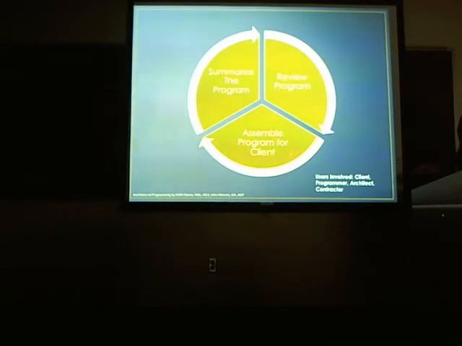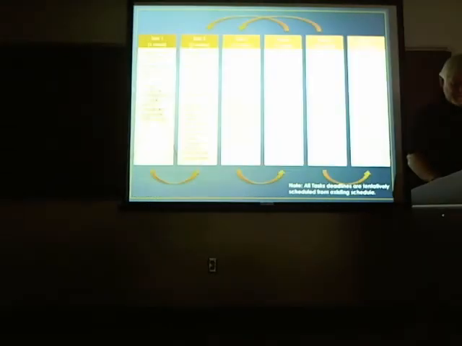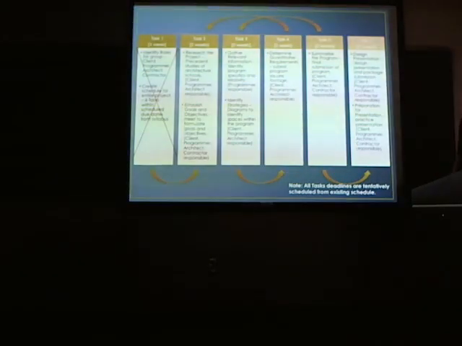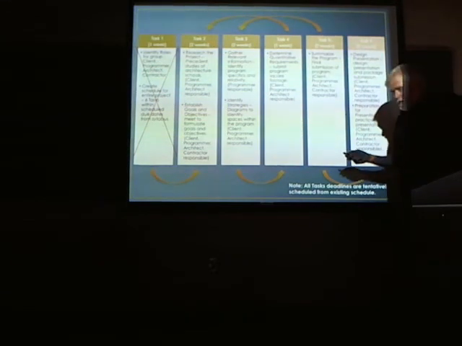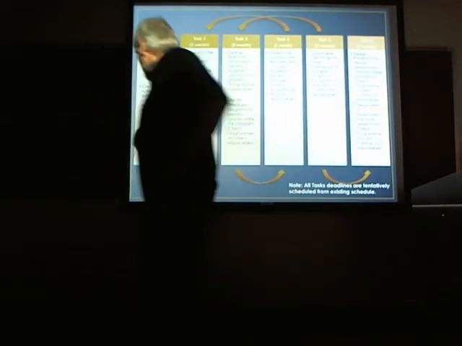Or you assemble the program, this is where you start, you assemble the program, and then you summarize it, and then you review it, but then you assemble it again? There's a lot of good diagrams. It's just the content of the diagrams confuses me in some cases.